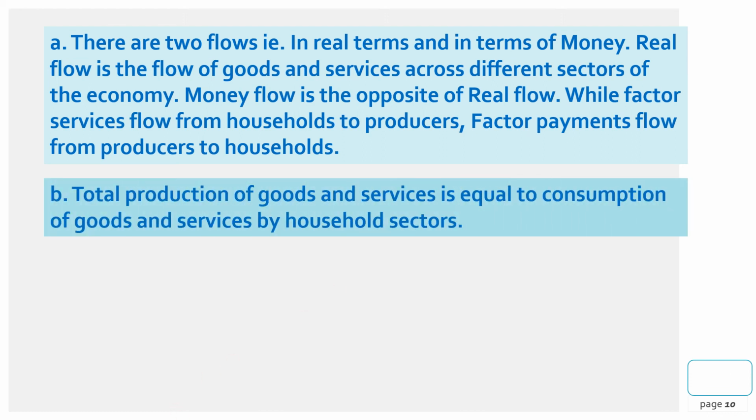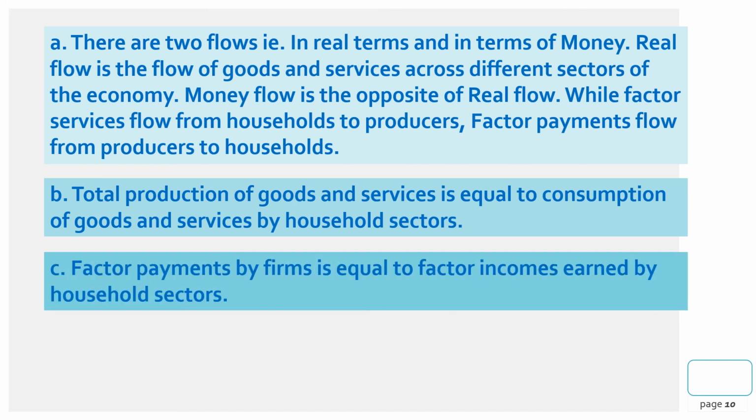Next, the total production of goods and services is equal to the consumption of goods and services by the household sector. So we can see clearly in the diagram that whatever is produced in the economy is consumed by the households. Thirdly, factor payments by firms is equal to factor incomes earned by the household sector.